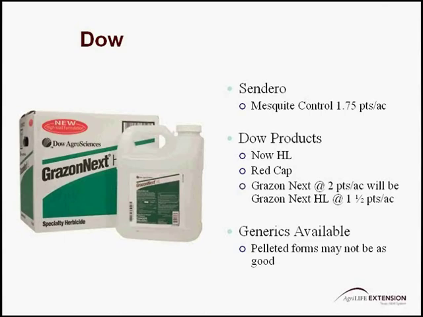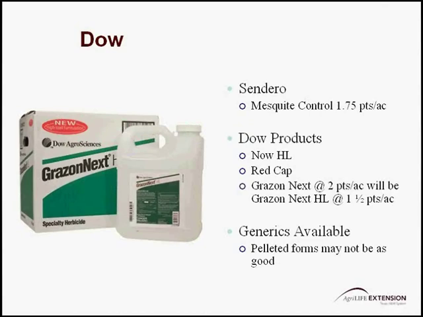Also, Dow, you might want to check this out. Dow has a lot of reformulations where basically they're taking old chemicals and adding HL at the end, which stands for high load, and they'll be designated by this red oval. I was also told they'd have a red cap, although the one in this picture does not have a red cap, but definitely has a red oval on the box.